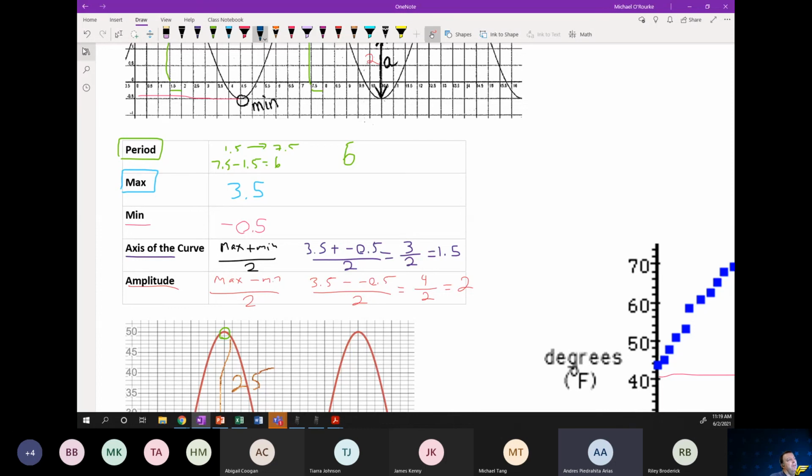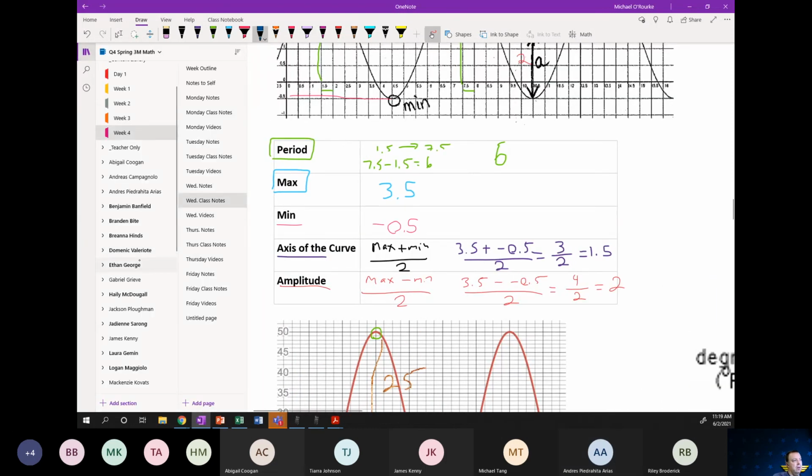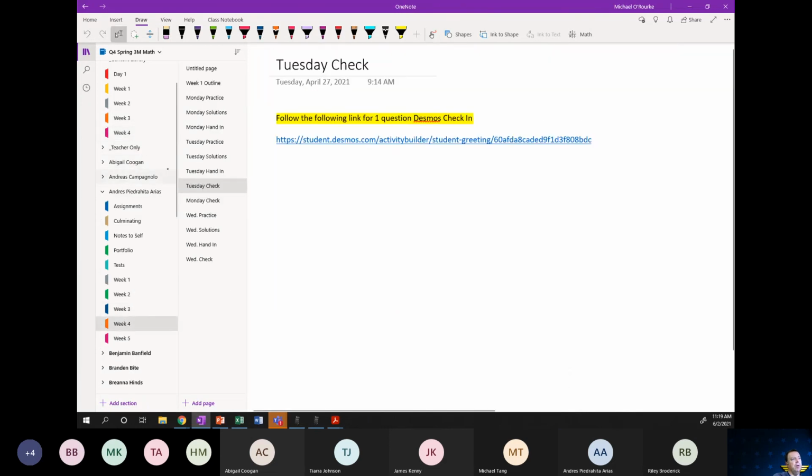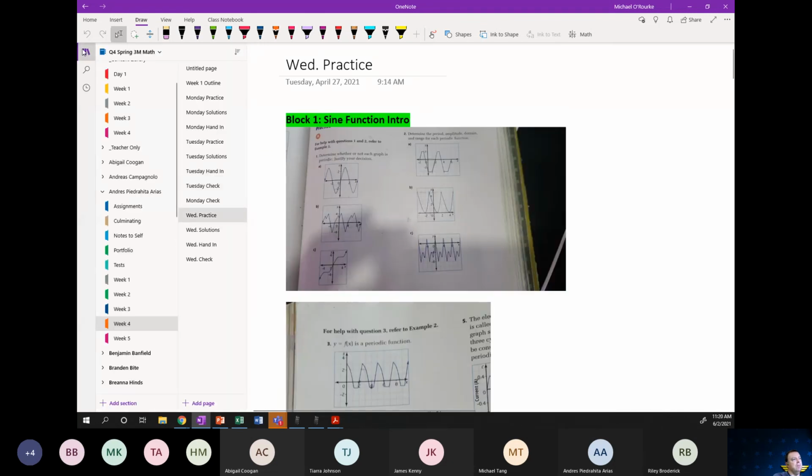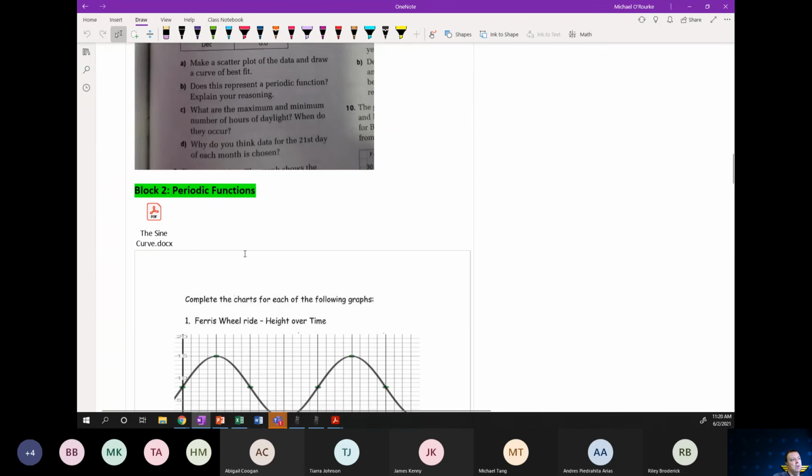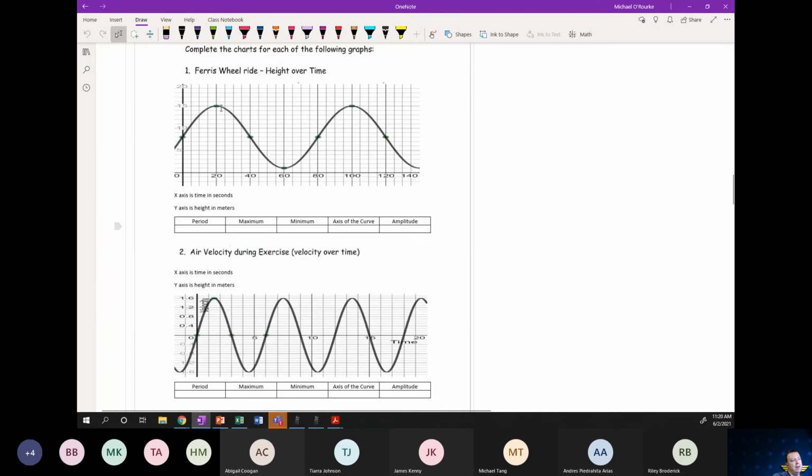Now, if we go to your homework, let's do the last question together, Andreas. And Abigail, you can join in if you wish. Wednesday practice. So the first two kind of land right on the line, right? 1.6, negative 1.6, that's 15 and 1.